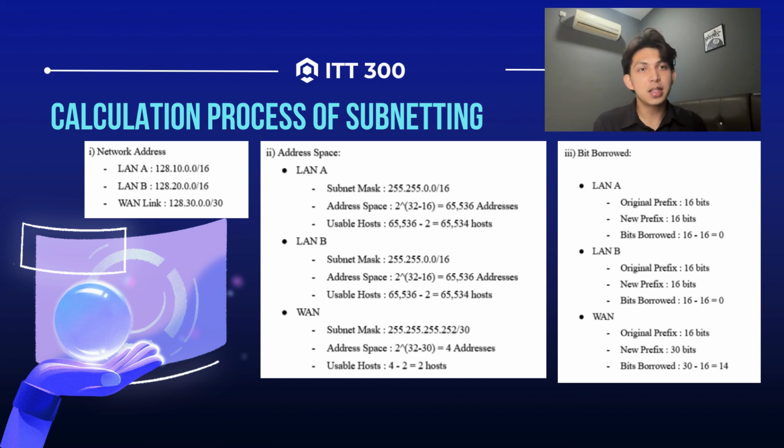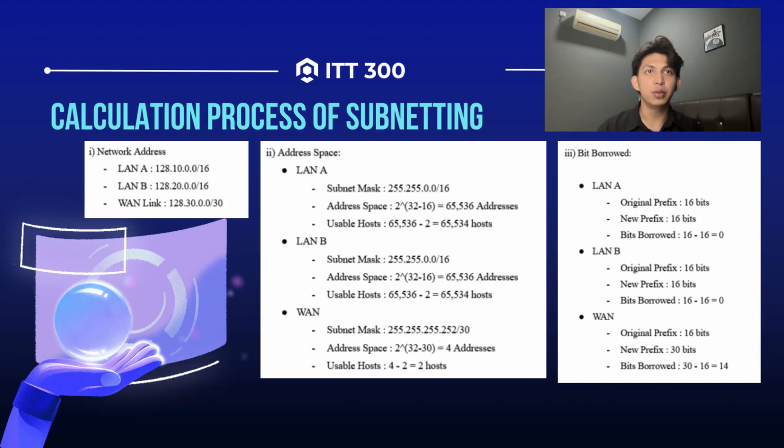As you can see under column 1, the baseline addresses are set to 128.10.0.0/16 for LAN A, and also 128.20.0.0/16 for LAN B, and 128.30.0.0/30 for our inter-router 1 link.